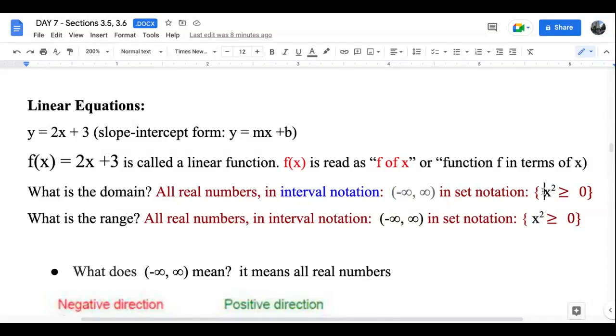In set notation we say any number whose square is non-negative. Any number multiplied by itself is non-negative. The range is similarly all real numbers, right?